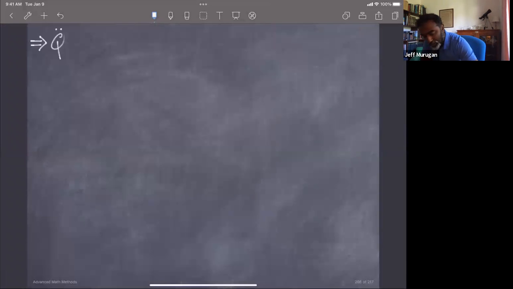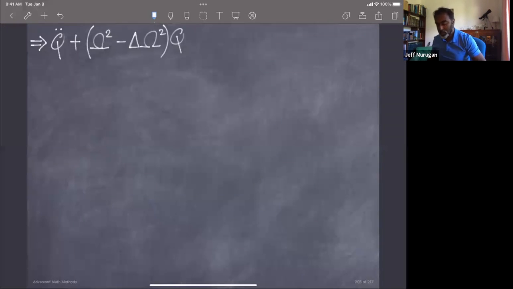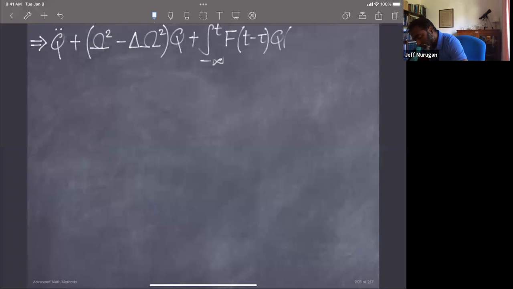Q double dot plus (omega squared minus delta omega squared) Q plus the integral from minus infinity to t of F of (t minus tau) Q of tau d tau equal to 0.